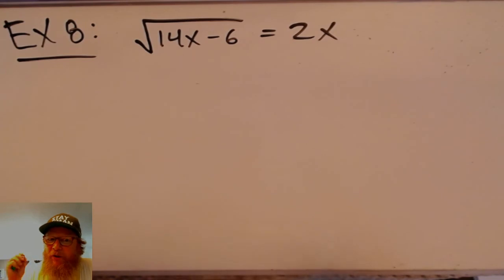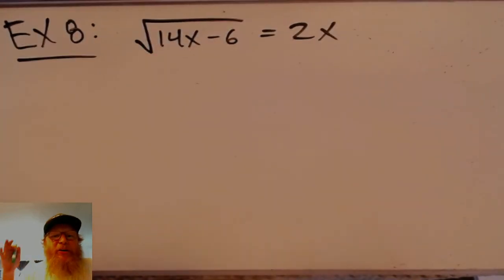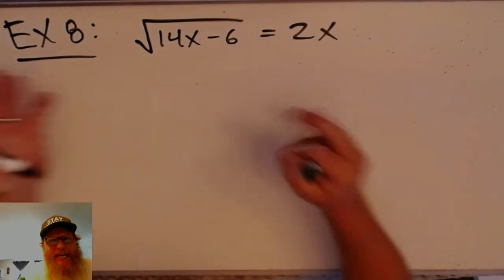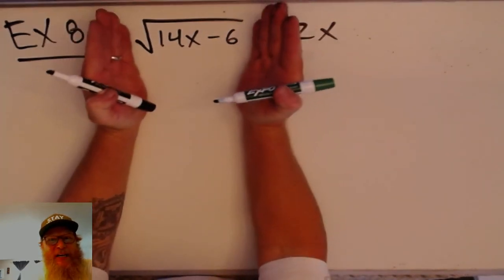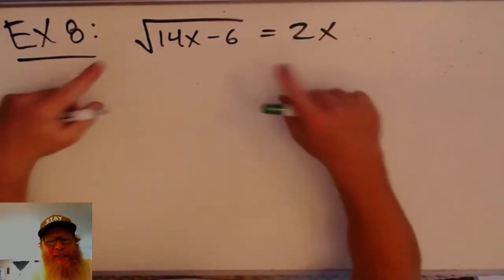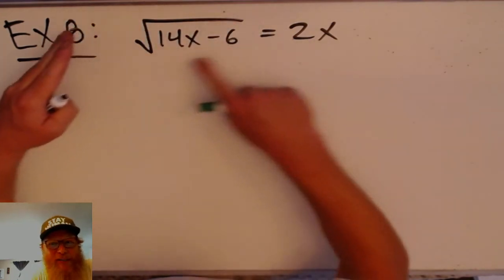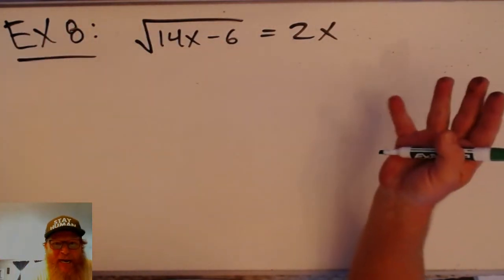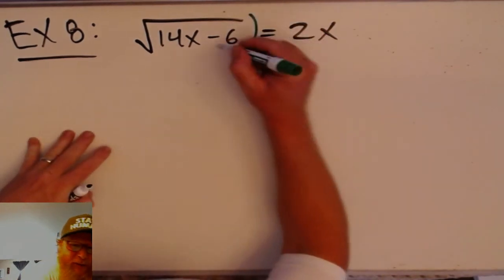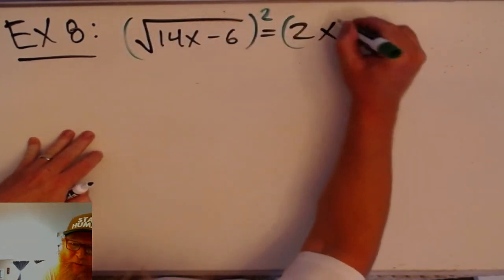So when you're doing your homework, watch out for the ones that are not set up for squaring right away. The key thing to look for is to see if the radical is already isolated. If the radical has no other terms outside the radical, it's ready to go. You can just jump right in and square both sides.